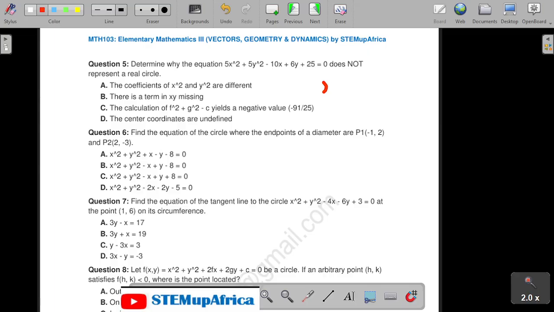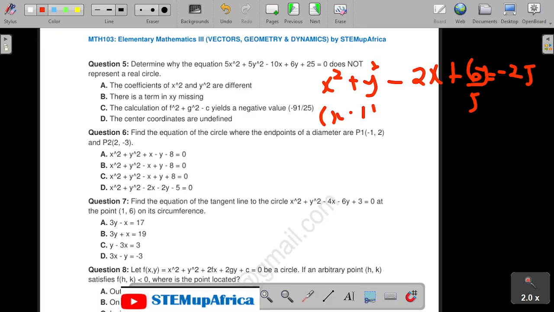I'm going to have x squared plus y squared minus 2x plus 6 over 5 y equals minus 25. If I rearrange and apply completing the square, I'm going to have (x minus 1) squared equals minus 25 plus 1 plus 36 over 25.